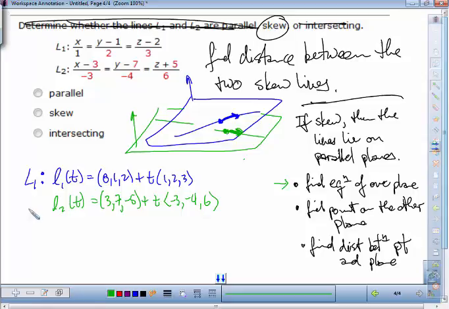So the normal vector for either of those planes would be the cross product of the two direction vectors. So it's 1, 2, 3 cross -3, -4, 6.